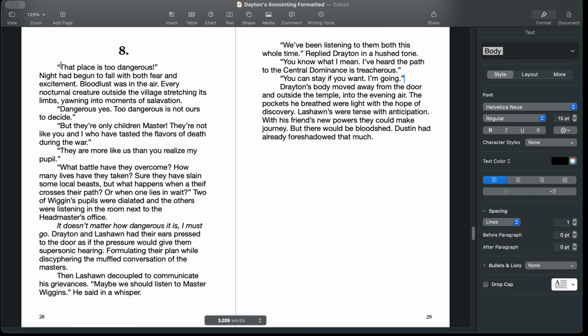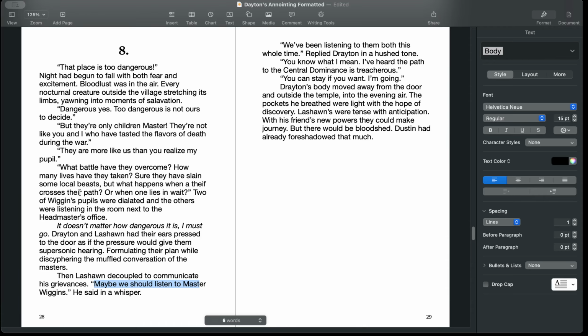Instead of me saying that the place is dangerous, I had the characters say that it's dangerous. Instead of me saying that it's going to instill fear, I have other characters say, "Maybe we should listen to Master Wiggins." So I have the characters saying a lot instead of me, the narrator.